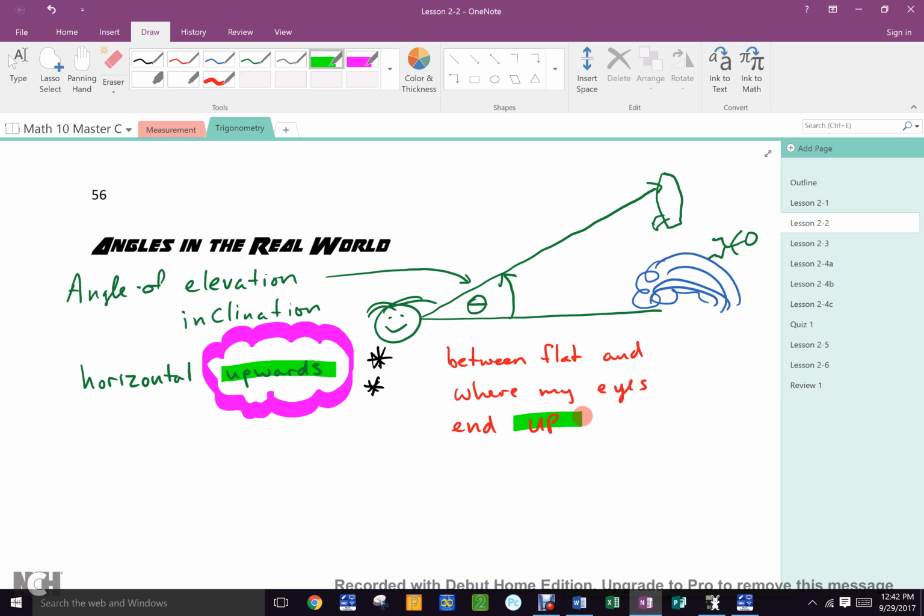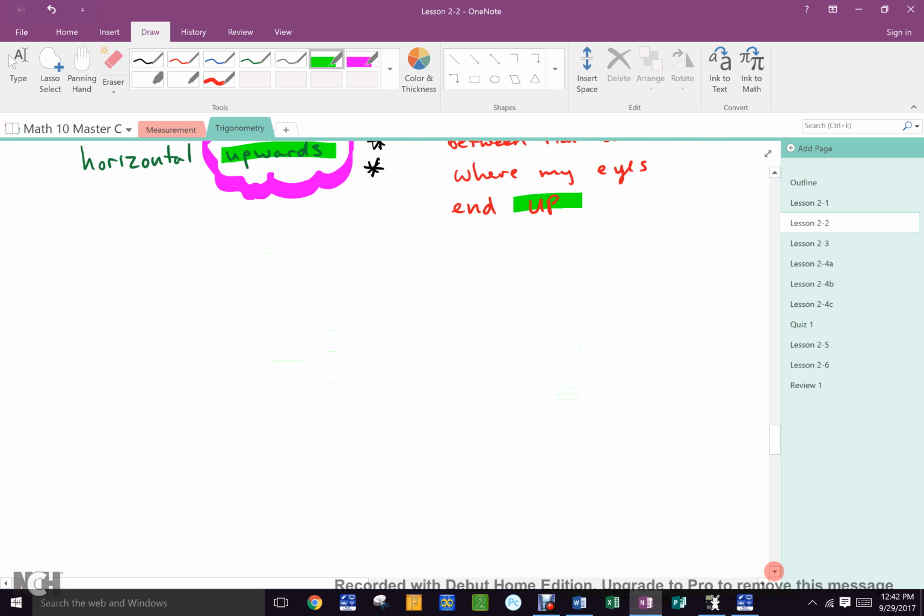Now, you guys are smart kids. If there's a name for looking upwards, what else must have a name? Looking downwards. Now, does math make sense? Does it follow a pattern? So if the angle of elevation is looking flat and up, then what must the other angle be?